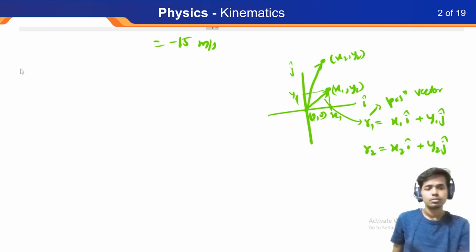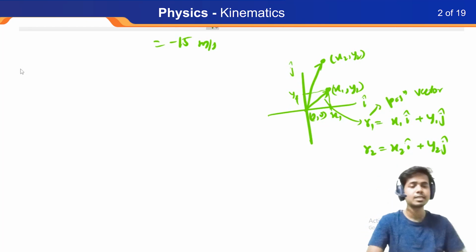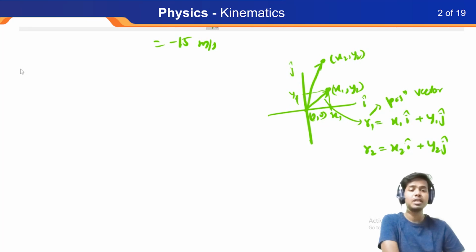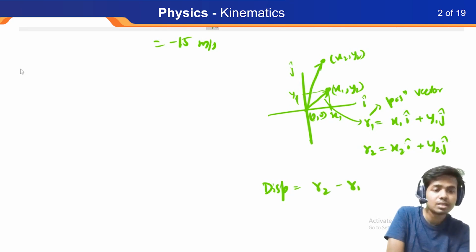Now, from the triangle rule, or the definition of displacement, it is the difference in position vectors: final position vector minus initial position vector. So displacement is equal to final position vector minus initial position vector, which will be this one.